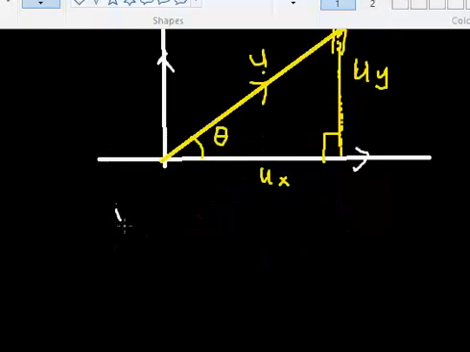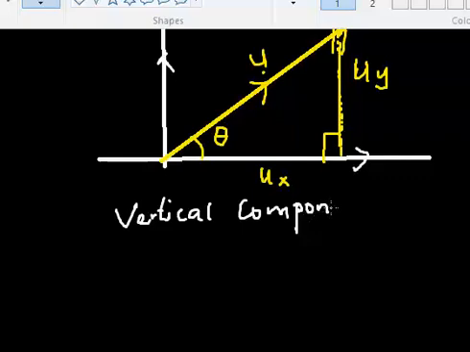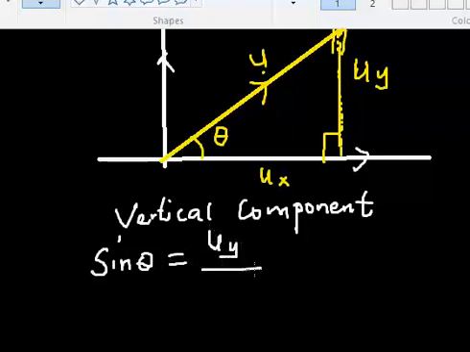I'm going to start with the vertical component. The vertical component is the opposite of this right angle triangle, and the velocity itself is the hypotenuse. So the trigonometrical ratio that goes with that is sine theta. Sine theta is always given as opposite over hypotenuse.